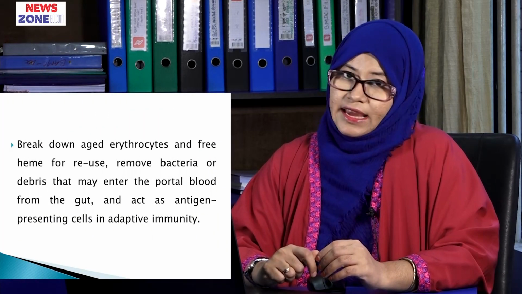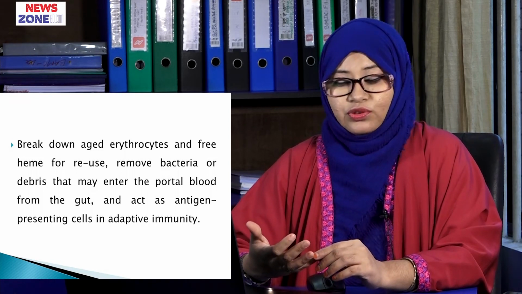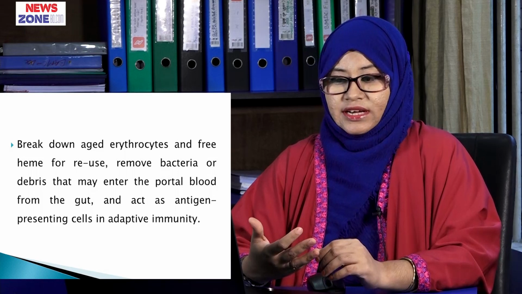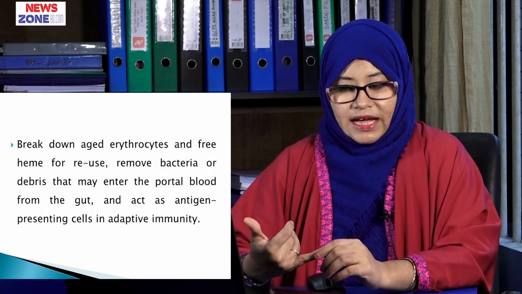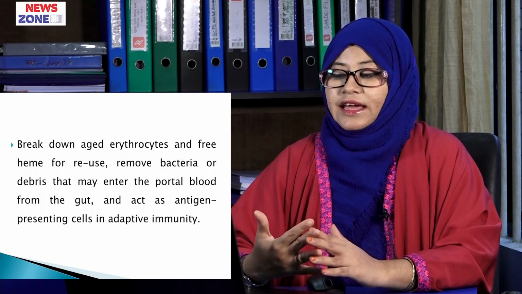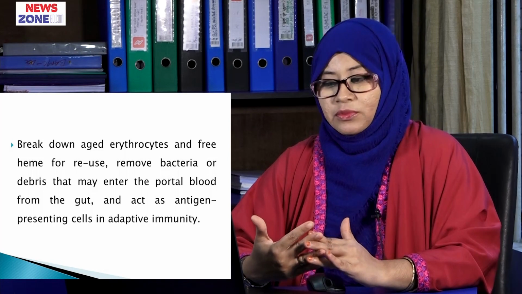Kupffer cells break down aged erythrocytes and free heme for reuse, remove bacteria or debris that may enter the portal blood from the gut, and act as antigen presenting cells in adaptive immunity.